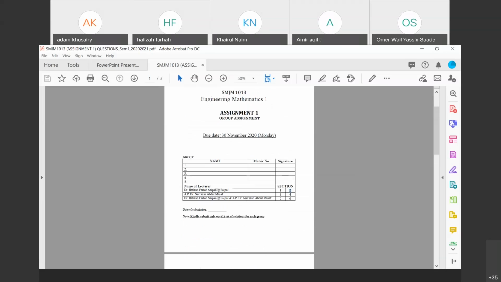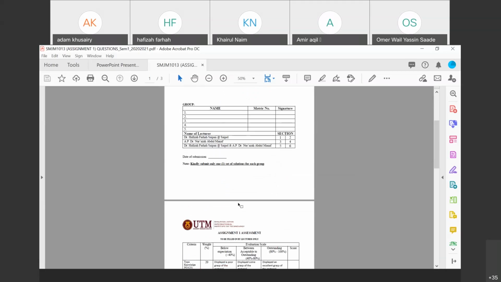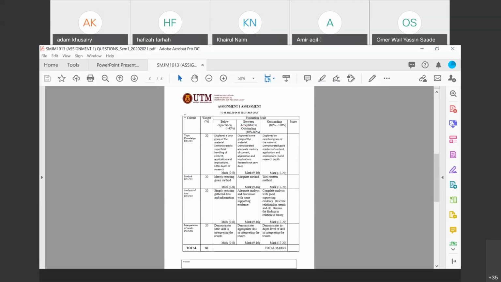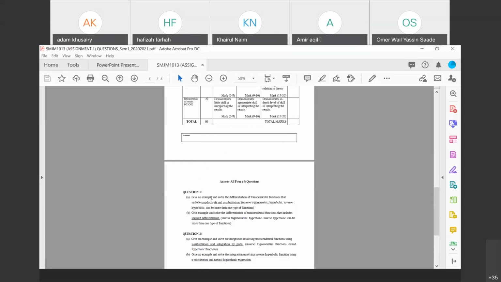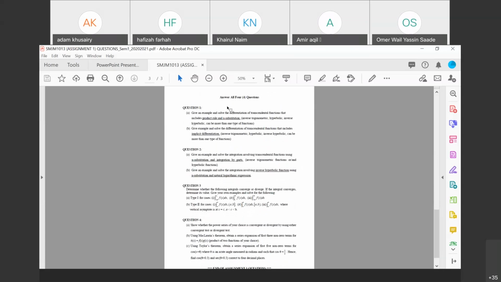The due date is on the 30th November. I will give you the link of submission. For this part, you don't have to fill in this form. This is filled in by me. But you can see the criteria of the assignment, which is based on the topic knowledge, the method, analysis, and interpretation of results. So these are the questions. You can go through later.